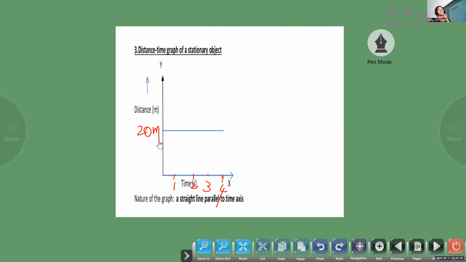At this condition, what is the position of the car? Is the car moving while you are purchasing the things at the shop? No. So what do you mean by that? The car is at rest. Did you get the idea how this graph represents it? Understood? Yes, ma'am. So a stationary object means motion at rest.